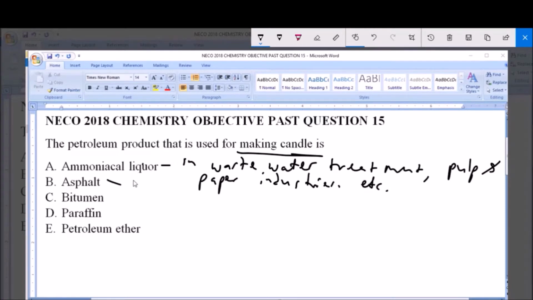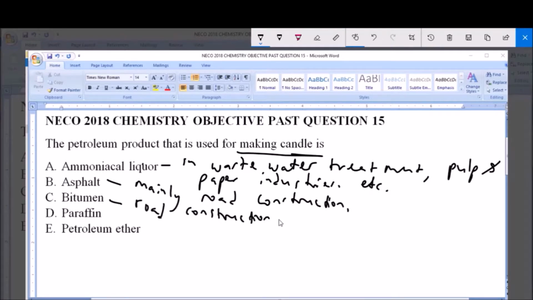Now option B, asphalt, is used mainly in road construction. So asphalt is used mainly for road construction. Now bitumen is also used for road construction and also for roofing and paving, making of pavements, paving.